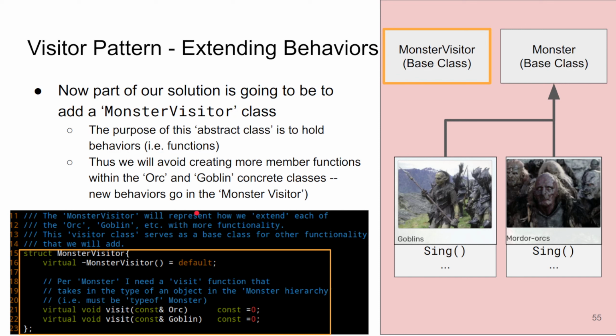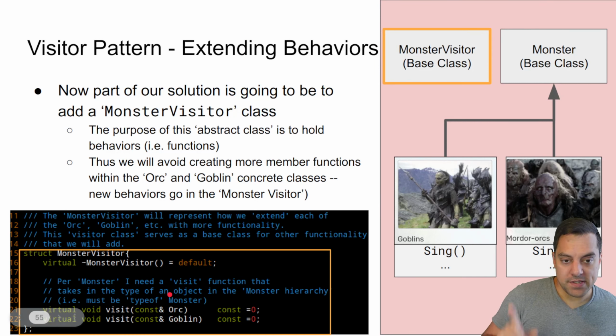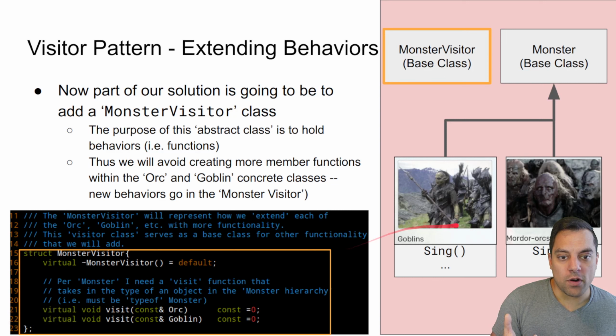The purpose of this class is to tell us what types of objects in this hierarchy we can visit. If you look in the bottom corner, orcs and goblins are things that we can visit. I can visit the orc class or the goblin class and add some sort of behavior to them, okay?